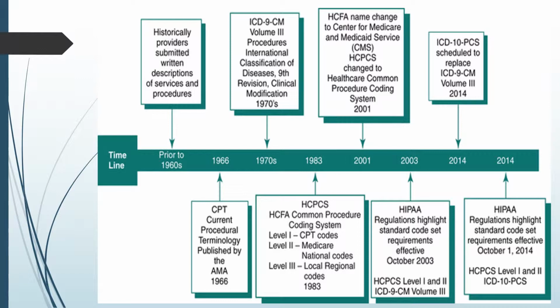So this timeline shows you how billing and coding has elevated from prior to the 60s when everyone was strictly doing paper claims and had to write out descriptions of the services and procedures, which resulted in many discrepancies.